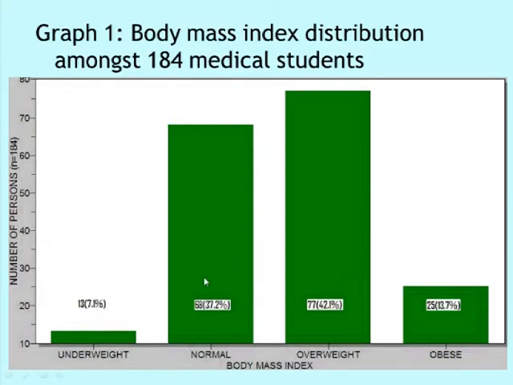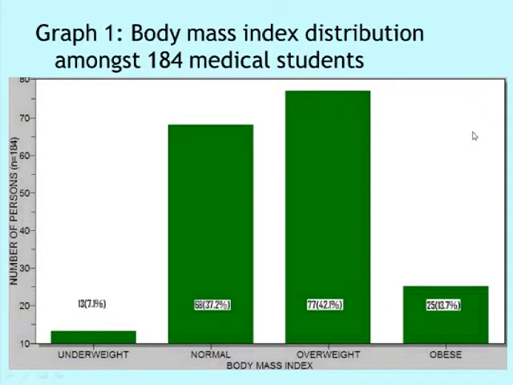Here we can see either numbers or proportions depicted in a particular format in this bar chart. When you total up the percentages, it should add up to 100%, because this body mass index has been made into 4 categories, but it is taking an overall estimate of these 184 medical students' body mass index. So it will add up to 100%.